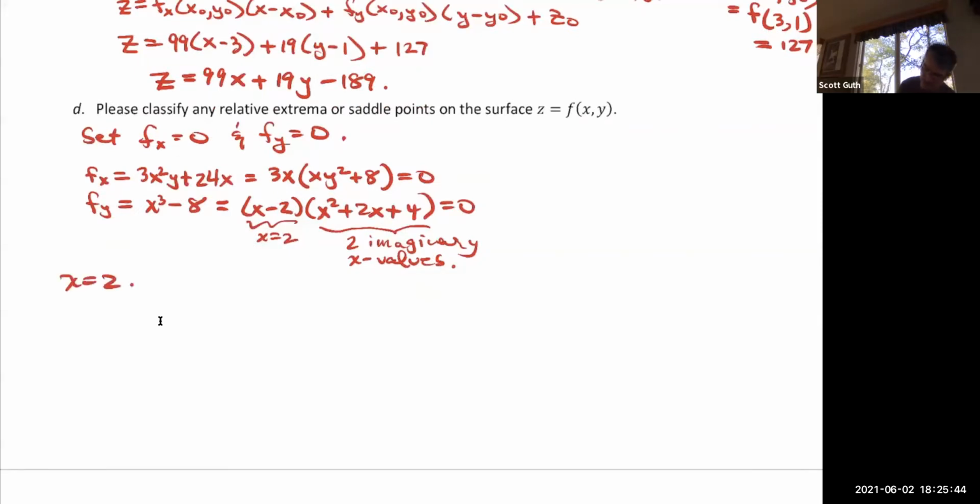And then we can set 3x times xy squared plus 8 equal to 0.